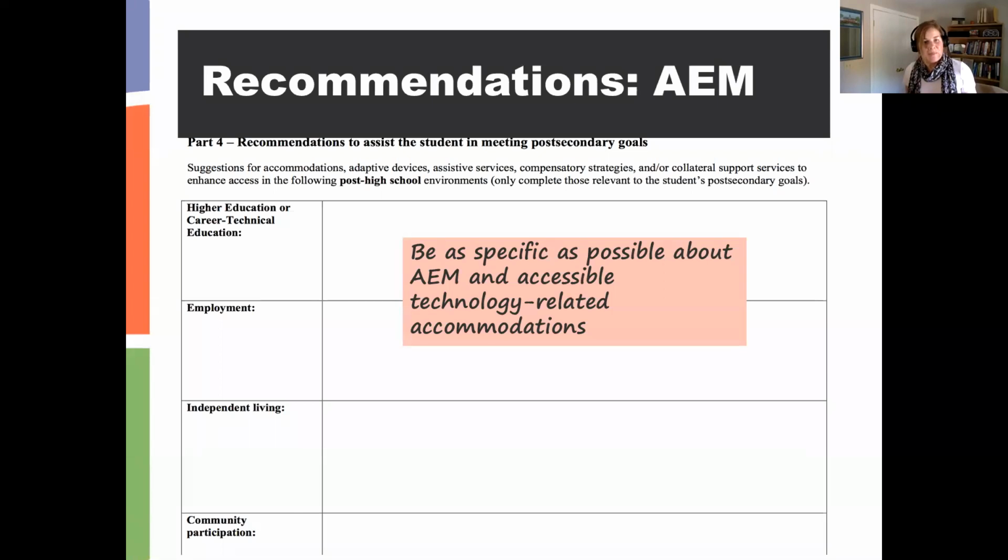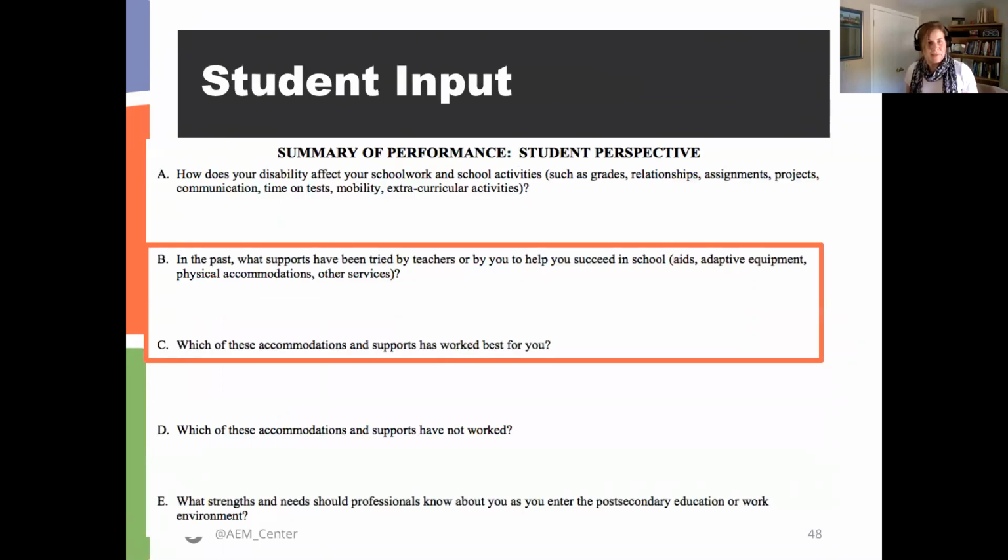In this area, be as specific as possible about the accessible materials and technologies, those accommodations that the student will need, based on what setting they are moving on to, and think about the individuals that are going to be receiving this summary of performance. What do they need to know about the student's need for AIM-related accommodations in any number of settings?